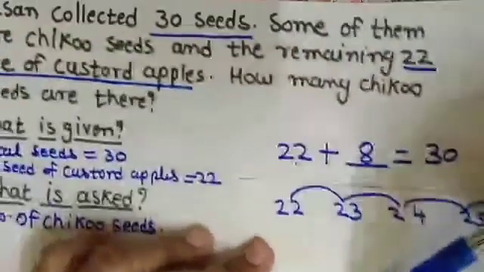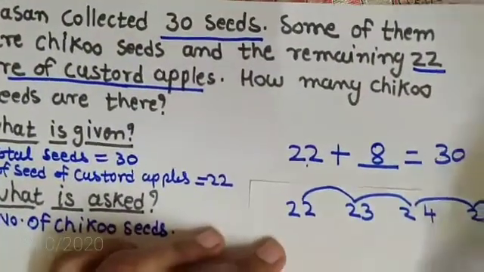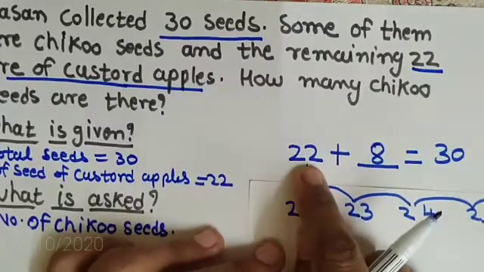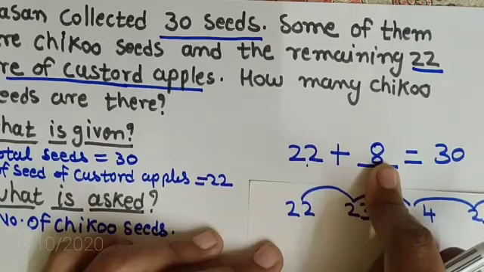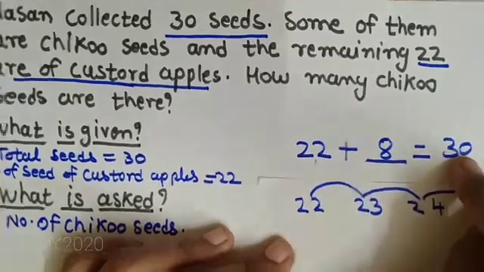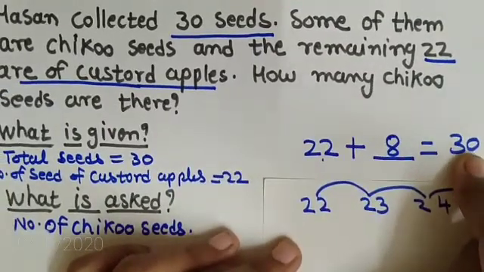Means here we have 22 custard apples and 8 chiku seeds. Then we will get the sum of 30 seeds.